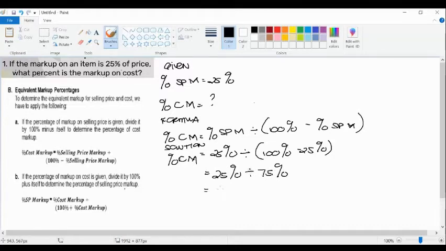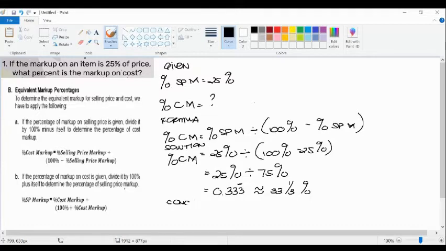Therefore, 25% divided by 75% is equal to 0.333. So we'll put a bar because it will give us an endless result of 3. Or if we're going to change this into percent, that is 33 and 1/3 percent.